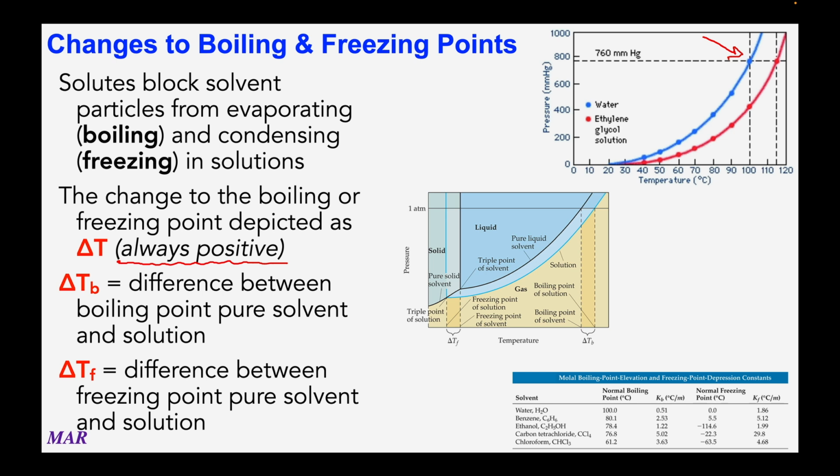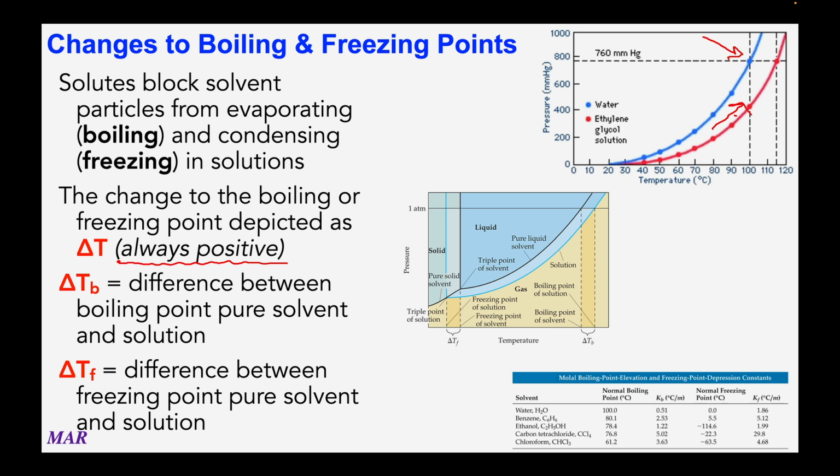And solute molecules, which in this case are ethylene glycol, are blocking the solvent water molecules from going from the liquid to the gas phase. So what that means is your vapor pressure, the y-axis, is lower. All right. So at the same point there, you can see that the solution, roughly that point right there, has a much lower vapor pressure than you would have with pure water.